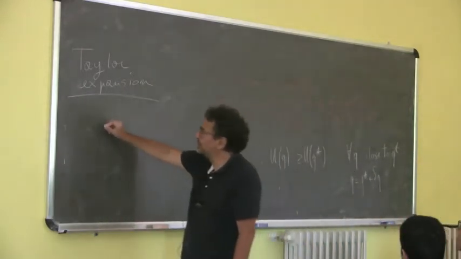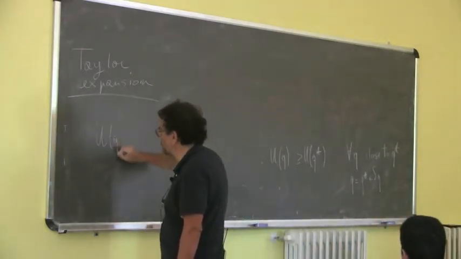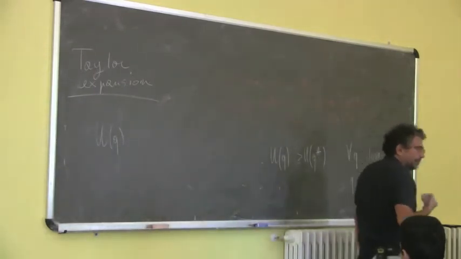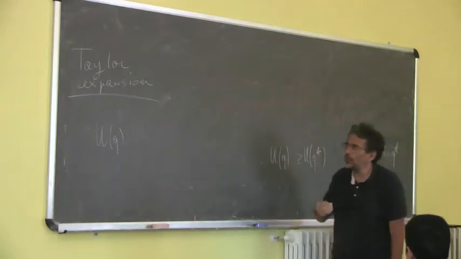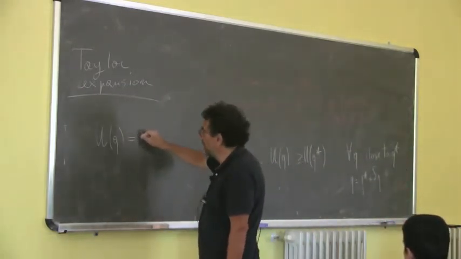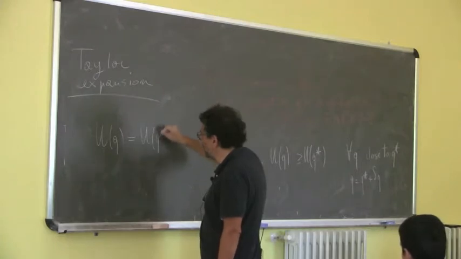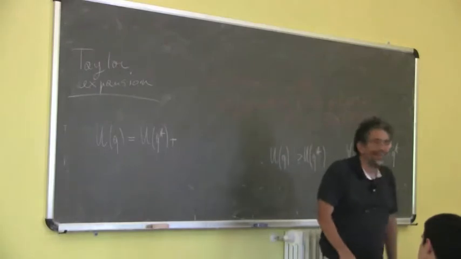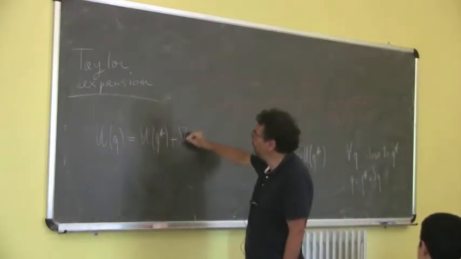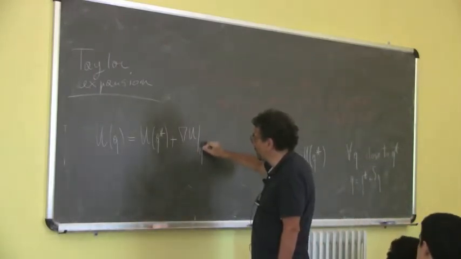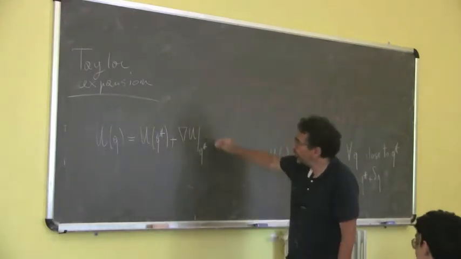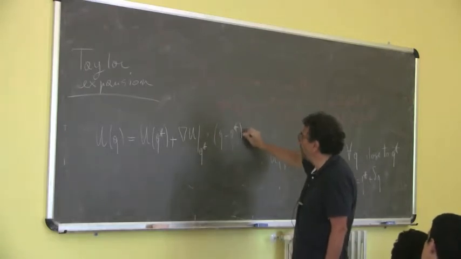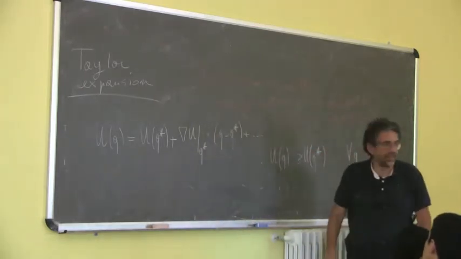I do not know the value of U(Q), but I can approximate it. I say that U(Q) is equal to U(Q*) plus the gradient of U calculated in Q* dot (Q minus Q*) plus infinitesimals of higher order.